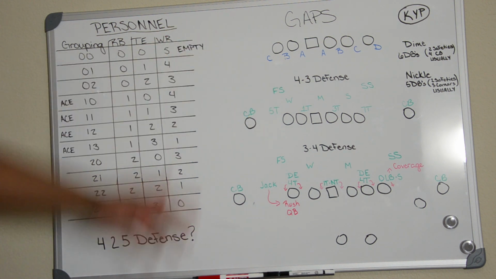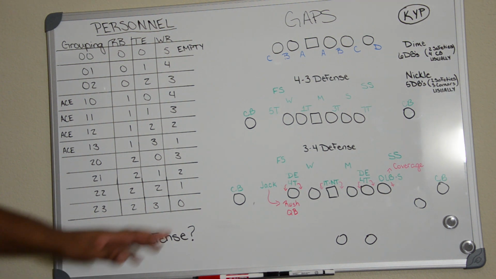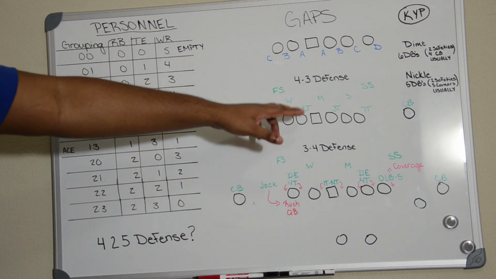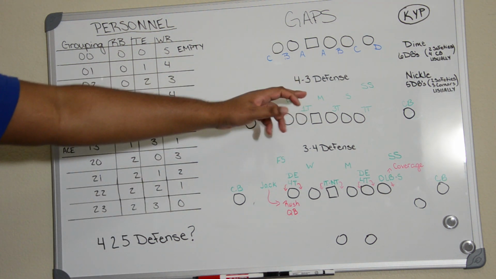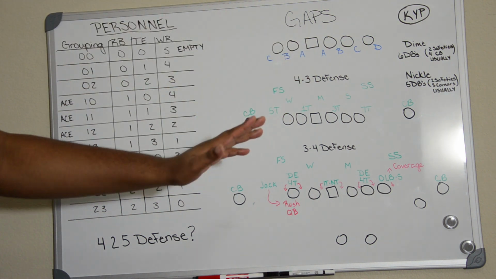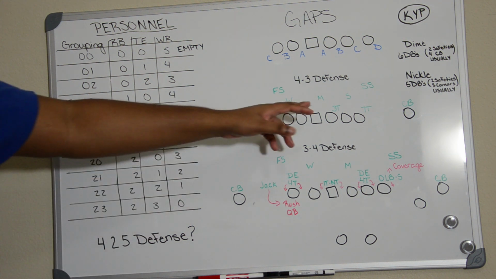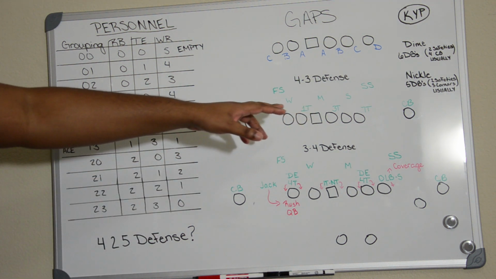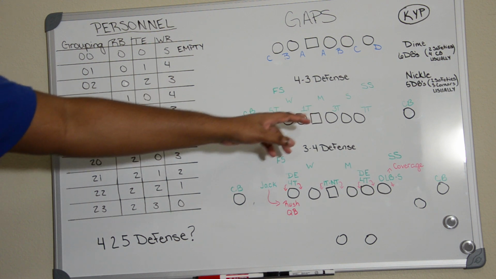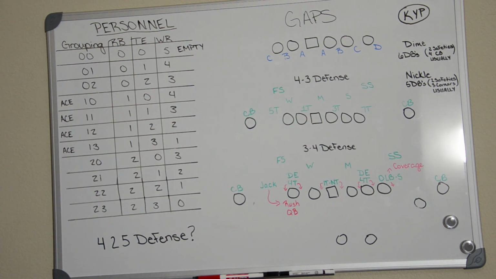4-3. Simple. Now you've got the different techniques. If a defensive lineman lines up straight in front of the center, head on with the center, that's called the zero technique, a nose tackle. If a defensive lineman lines up in the A gap, in between the center and the guard, that's called the one technique.